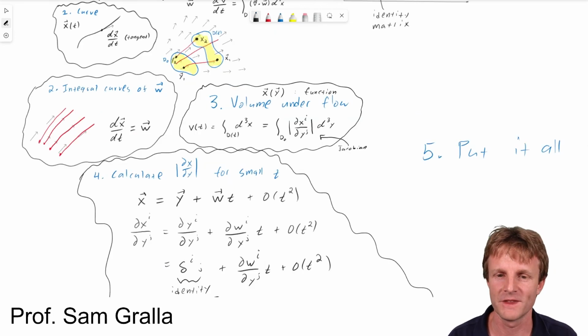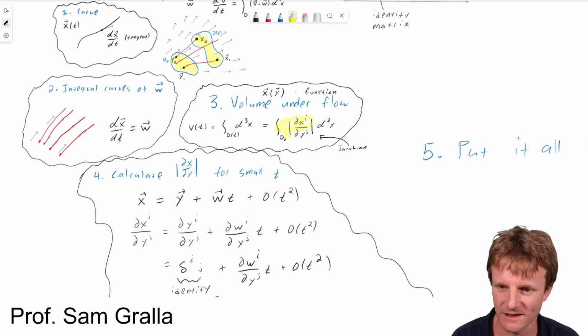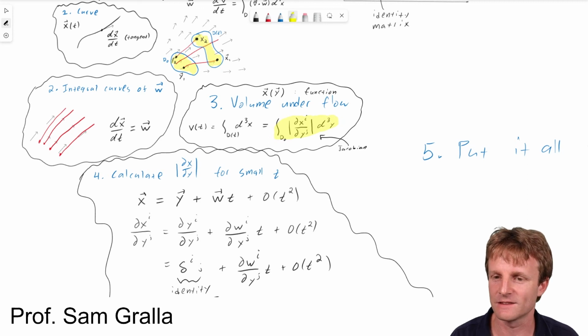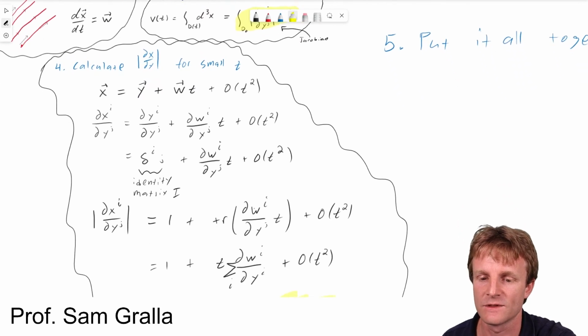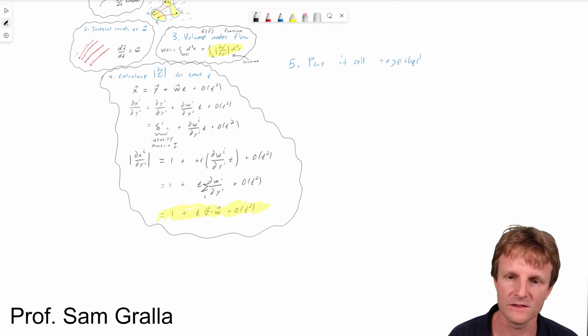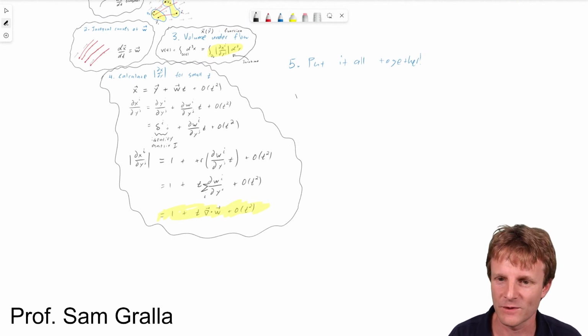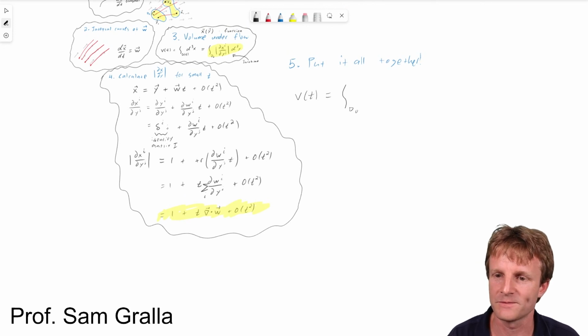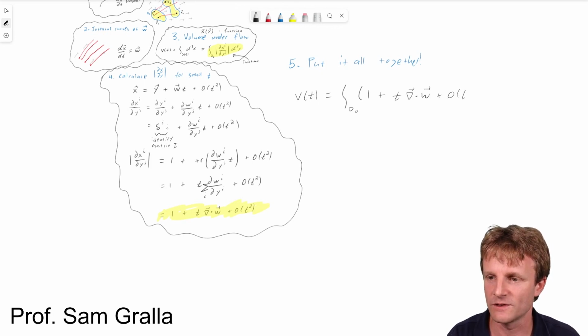Let's do that. We have this formula here, which tells us that the volume at time t is this Jacobian determinant integrated. And we have the other highlighted formula down here, which tells us what that determinant is. And so we put them together and we find that for small t, V(t) is equal to the integral over D_0, plugging in the Jacobian, of 1 plus t times the divergence of w plus order t squared, d^3y.